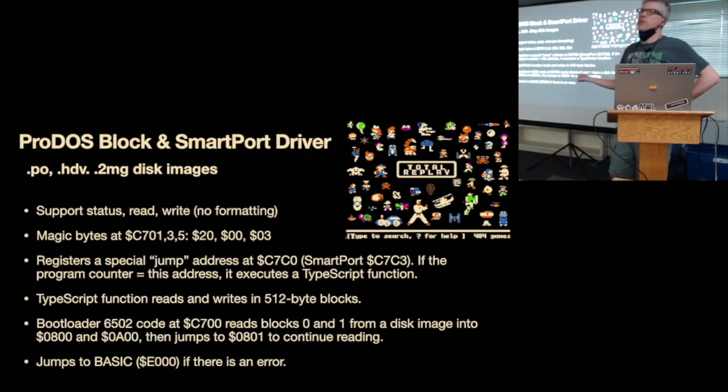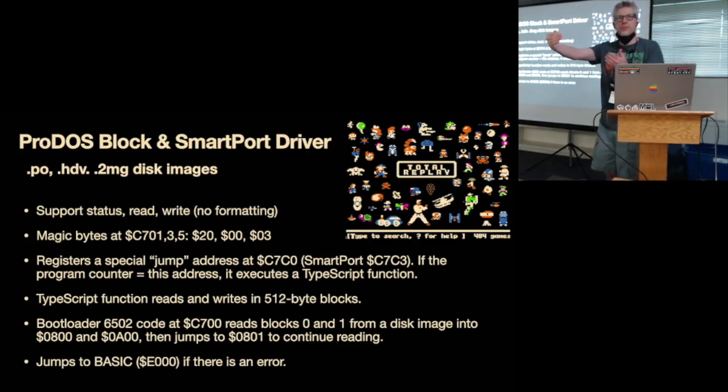And the way this works in my emulator is it basically looks to see, is somebody accessing the disk drive? And if they are, I notice that in my code and just jump to a separate little JavaScript routine which says, okay, well, since you don't have a physical hard drive, go ahead and just read the bits from the file, basically.